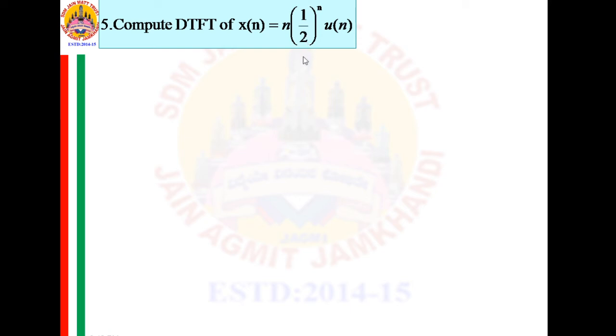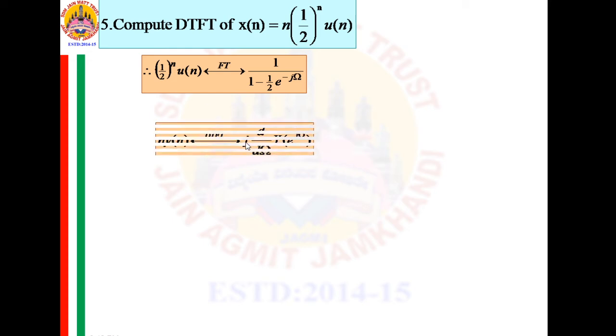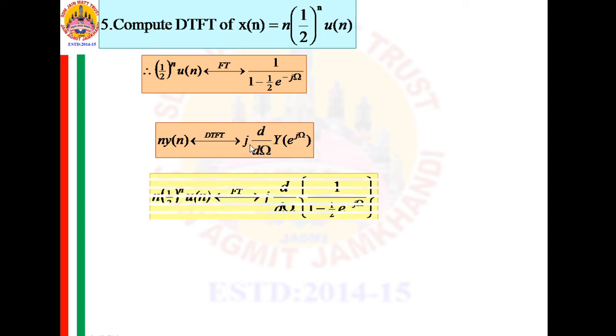So, recall what it says. If I consider this as y[n] and if this y[n] is multiplied by n, then this differentiation in frequency domain property says that the DTFT of y[n], which is called Y of e raised to j ohm, should be differentiated with respect to ohm and then multiplied by j.